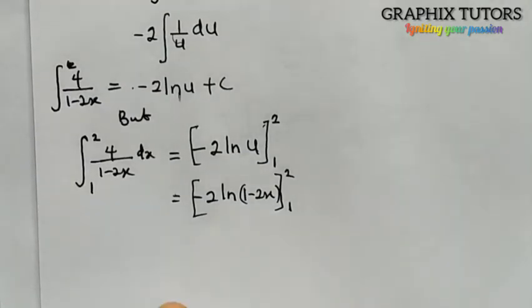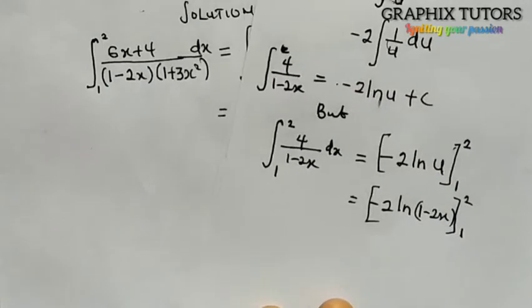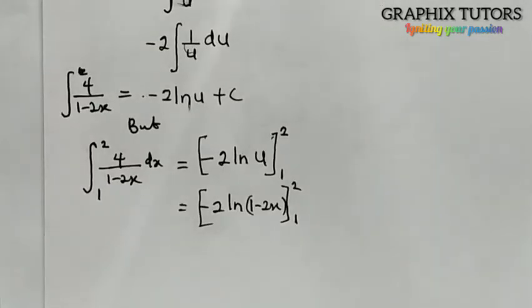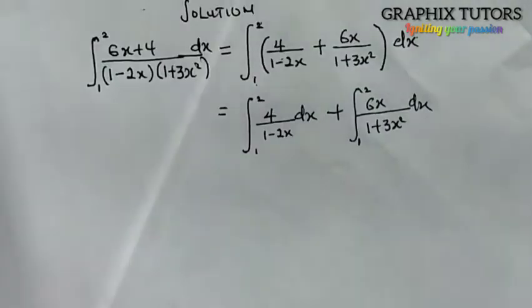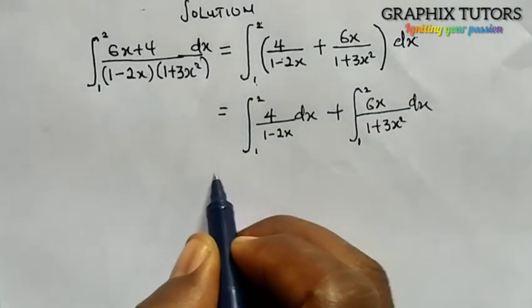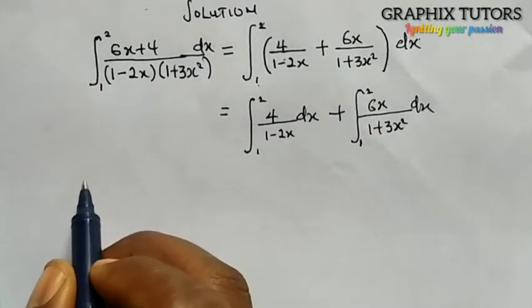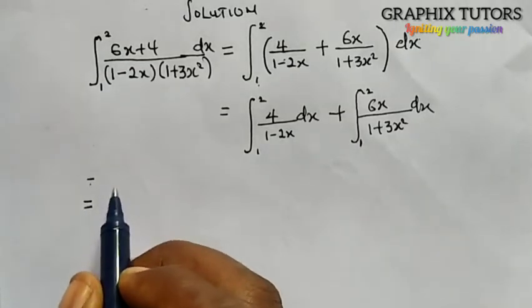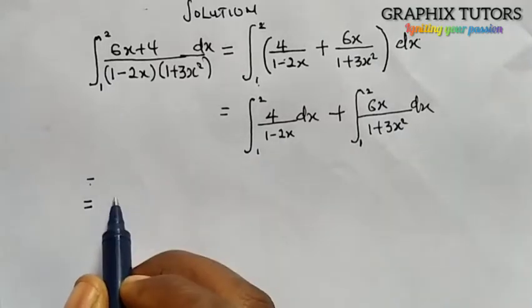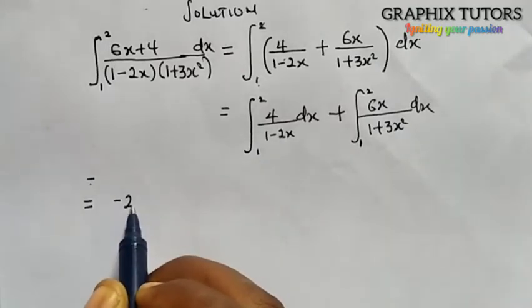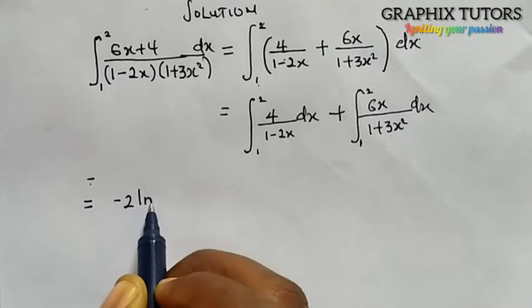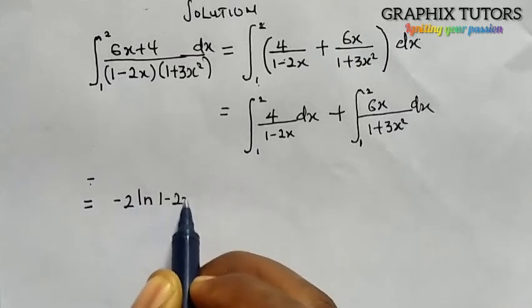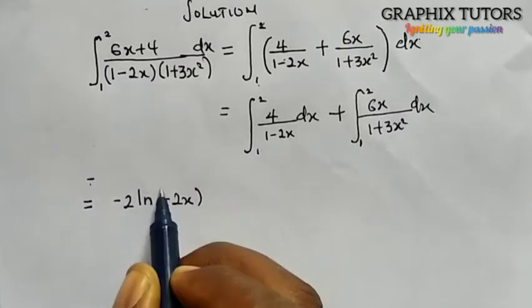From here I'll say this will now be equal to the integral of this, which gives us minus 2 ln (1 minus 2x), close the brackets.